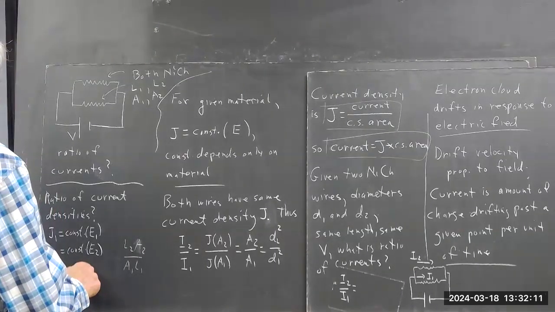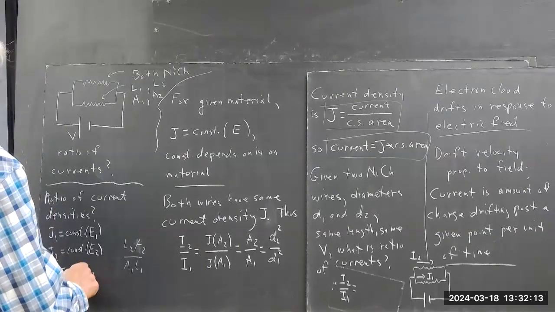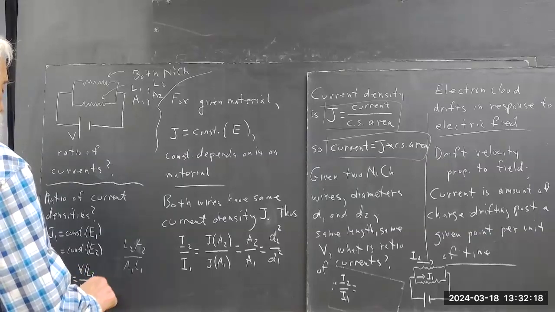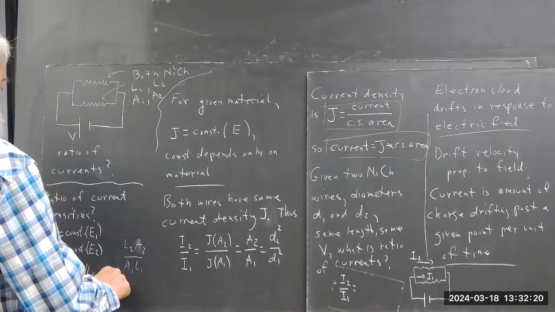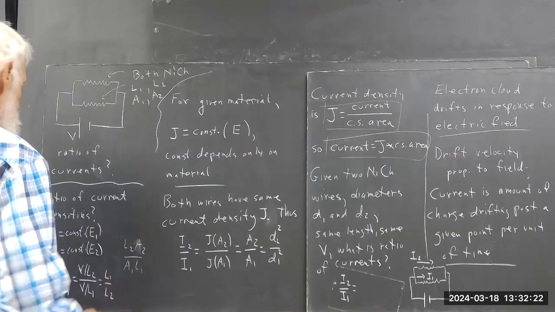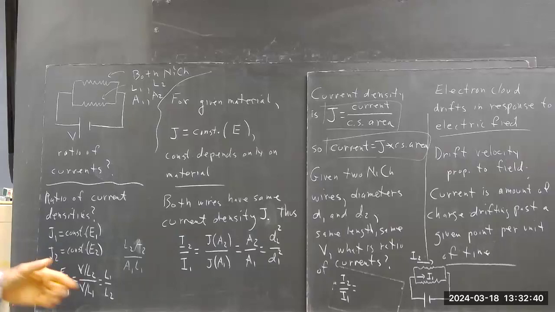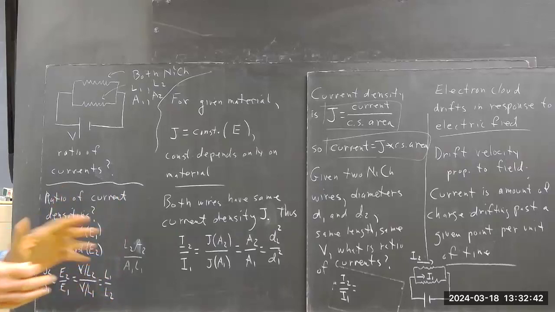So that would be V over L2 divided by V over L1, which is L1 over L2. So the lesser length will have the greater field, or the greater current density, because your voltage is spread out over less distance.